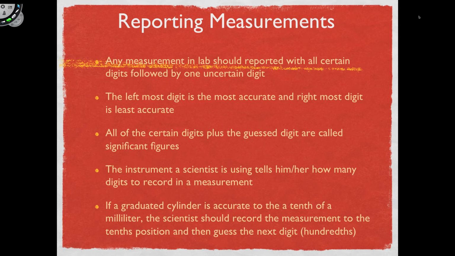So when you're recording a measurement, the first rule is that you should report any measurement to every digit you're certain of plus one uncertain digit. And we have a special name for these, as you can see down here, and this is called significant figures.